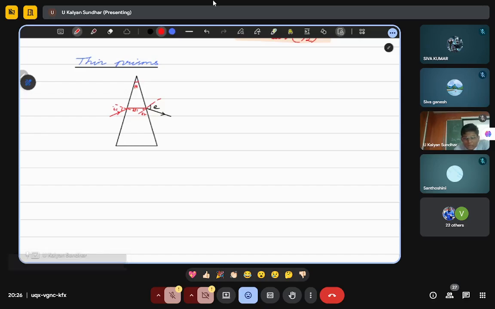Now, your sin I will be equal to, so what is it? Mu1 sin I1 equals mu2 sin R. Smaller angles, so I and R are small angles for the thinner prisms.